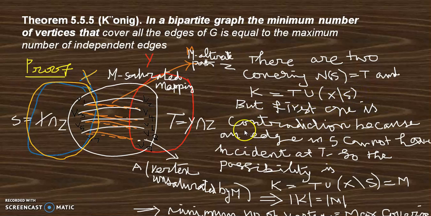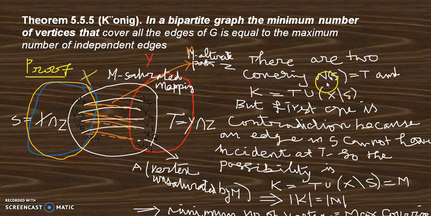But the first one is a contradiction. The first one means N of S is a contradiction. Why a contradiction? Now look at the picture. T is equal to Y intersection Z. The vertex is unsaturated by M, therefore one vertex is left out there.